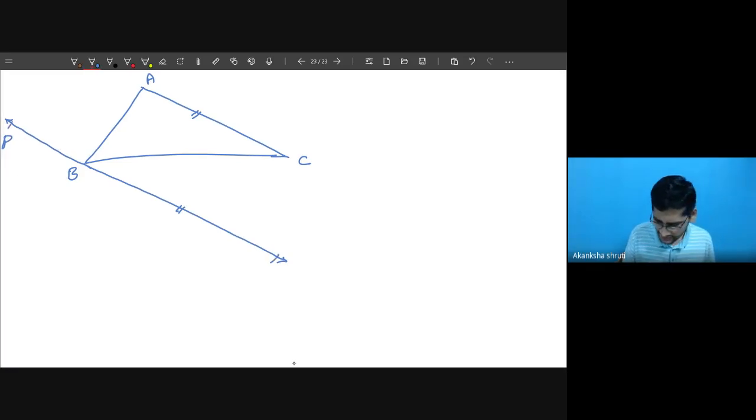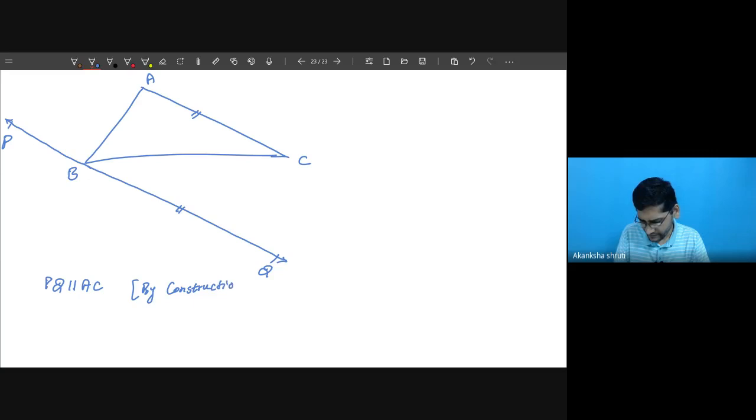Okay, student. Now observe here, by construction, this PQ is parallel to AC. Why? It is by construction. And now consider this, mark the internal angles.